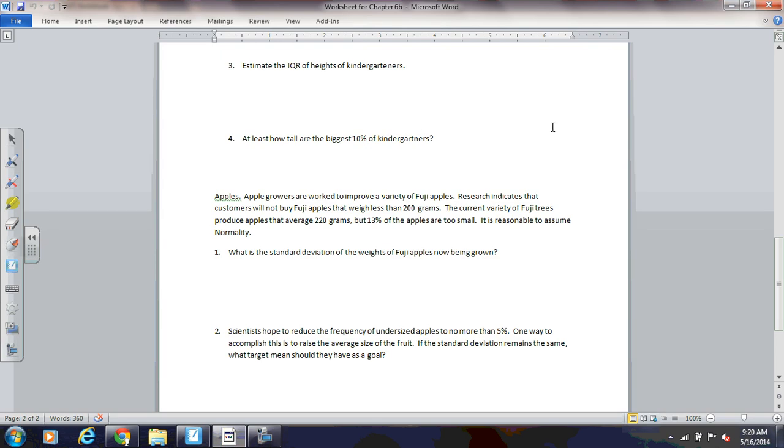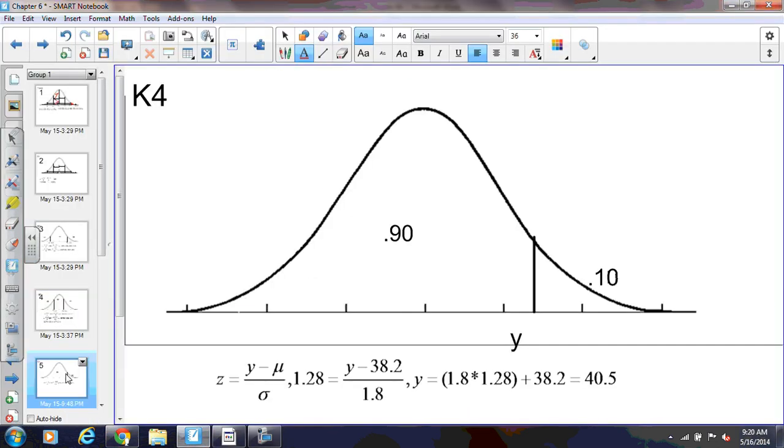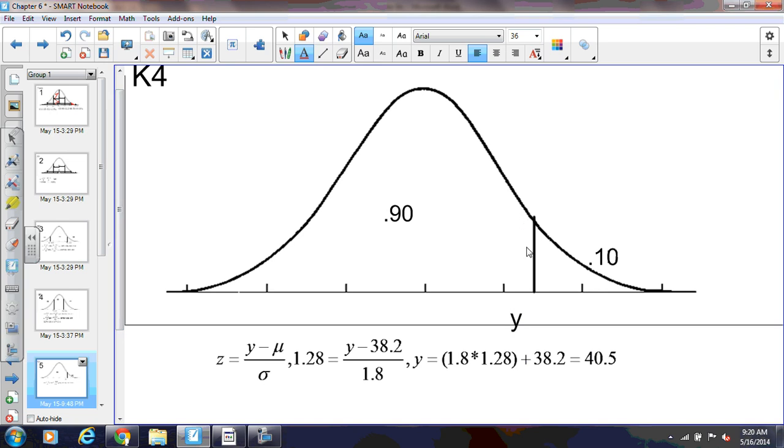All right, the last question is asking, at least how tall are the biggest 10% of kindergartners? So we kind of already found the answer to this question, because if we're looking for the height at which the biggest 10% of kindergartners are at least that tall, we would be finding the z-score for 0.9, which we already found to be 1.28.